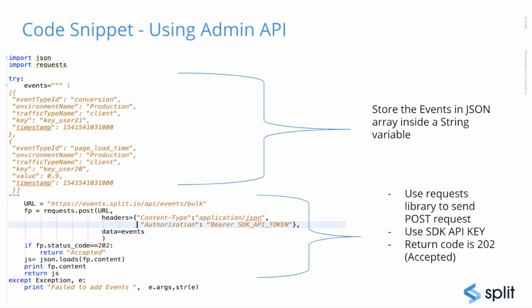For sending events, we can use the SDK API key or even the browser SDK API key. Once we send the POST request, the return code is usually 202, which means it's an accepted HTTP response code. So make sure you verify that the response code is 202. Otherwise, we will capture an exception and show if there's any failure.